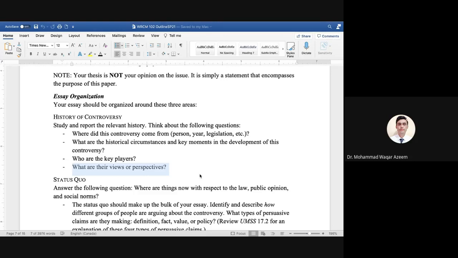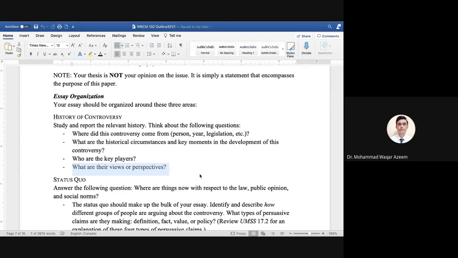But then there are other key players as well who believe that in the current situation, women do not have their rights to their full extent, and they experience domestic violence and oppression and things like that. Okay, so there are certain NGOs and groups and individuals as well, of course, who stand for women's rights and who want the issue of women's rights to be highlighted through this Aurat March.